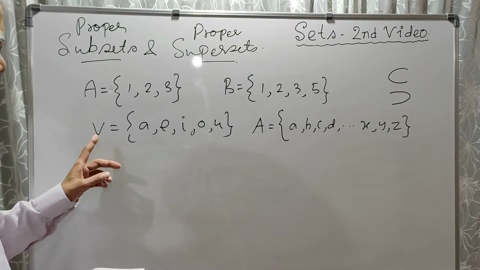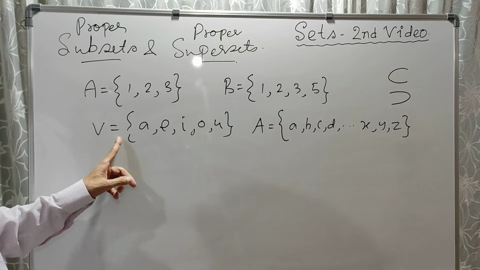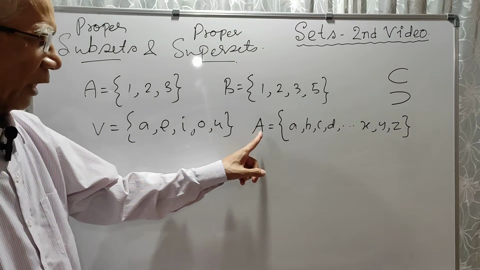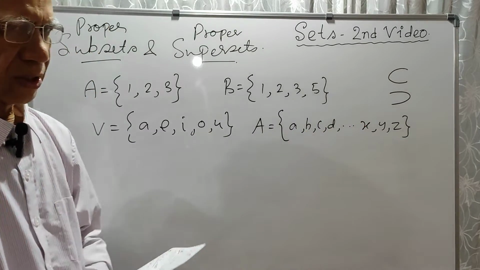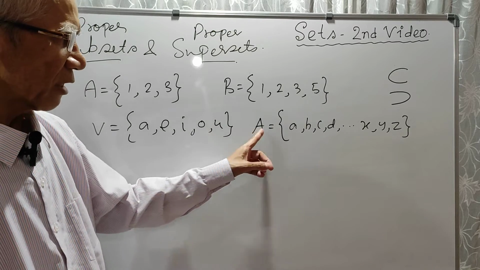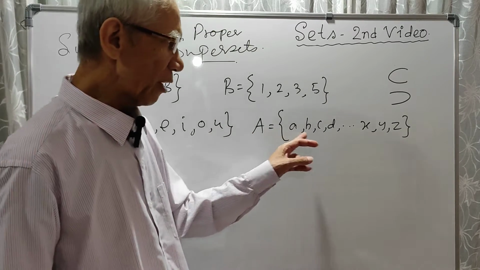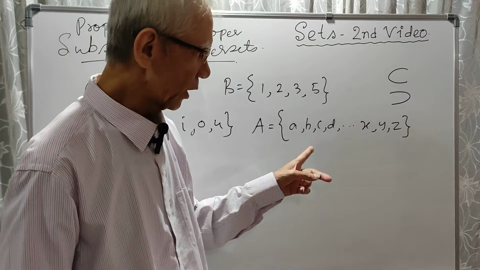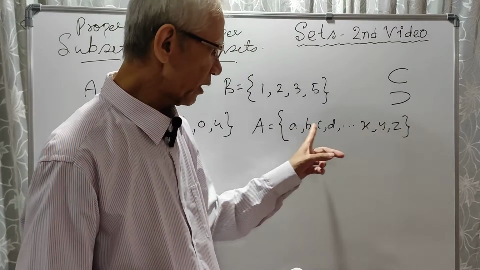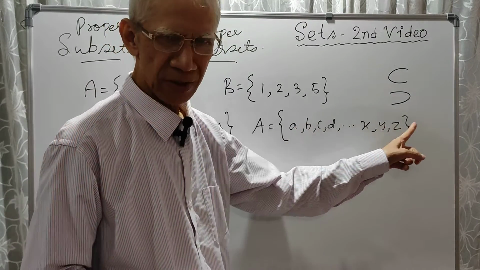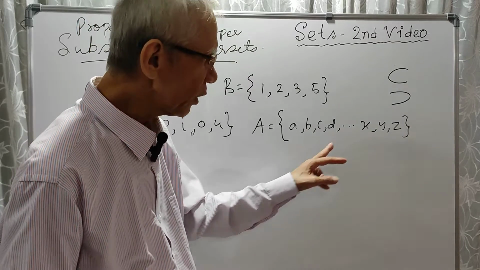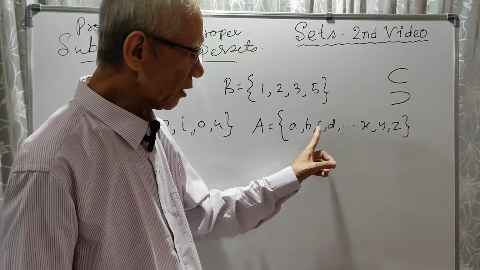Now see these two sets. V is a set of vowels, A, E, I, O, U, and A is a set of all the letters in the English alphabet. Now you see, I have written in roster form. You note it. It is difficult to write all the 26 letters. It will be very long. Therefore, we can write this way also. This is another way of writing.